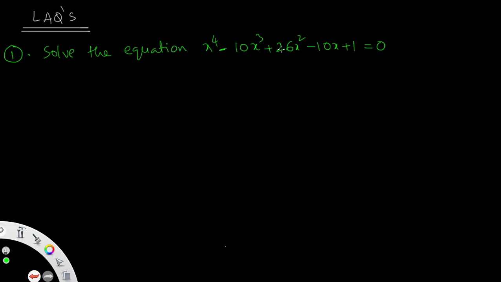Class 1 means the first coefficient and last coefficient are the same; if the alternate signs are minus, you can think of second class reciprocal equations. So that is x to the power of 4 minus 10x cube plus 26x square minus 10x plus 1. Now write down, this is the reciprocal equation.